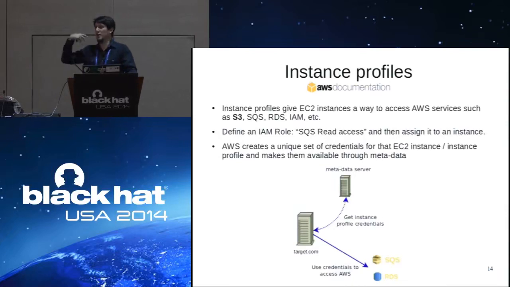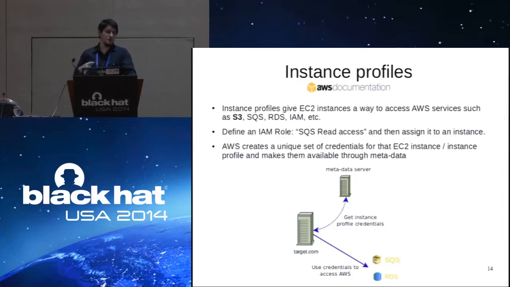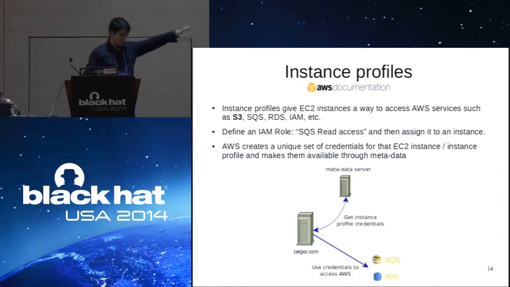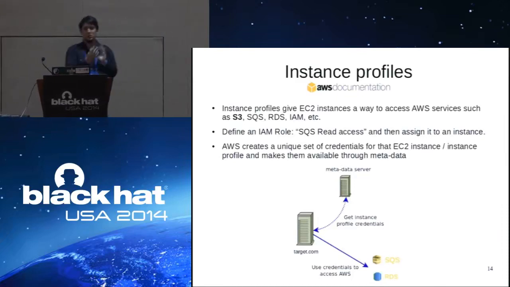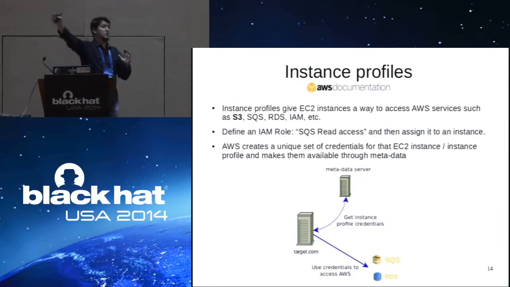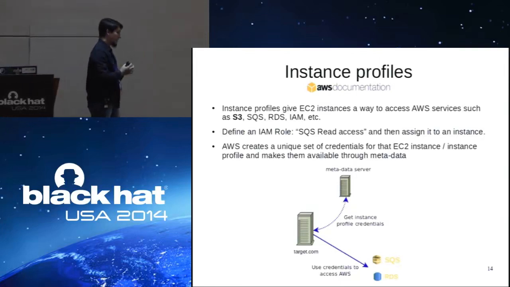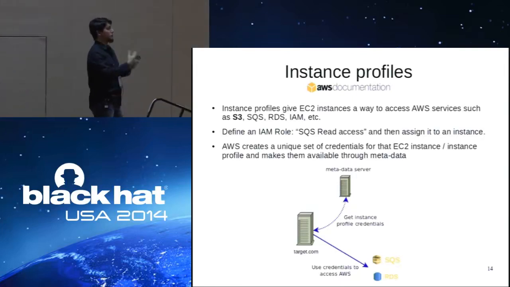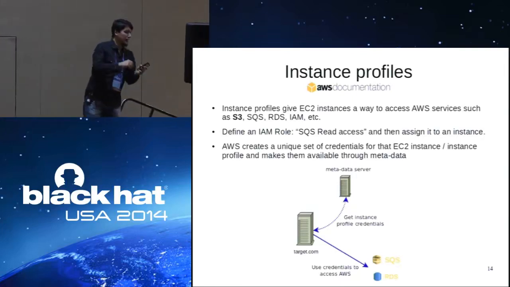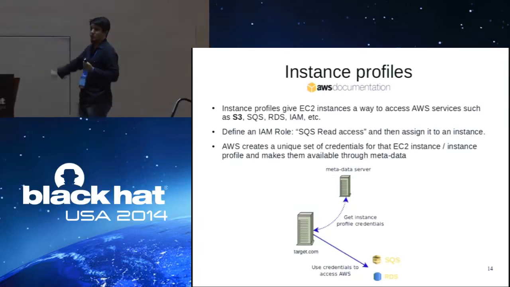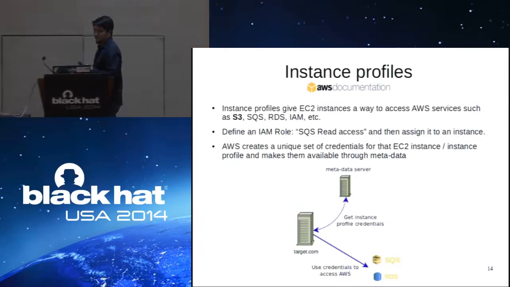And we had read access to the metadata server. So we could read those credentials from any location, and because of the initial vulnerability, we read credentials for that EC2 instance, and we can impersonate that instance with any other service from the Amazon cloud.